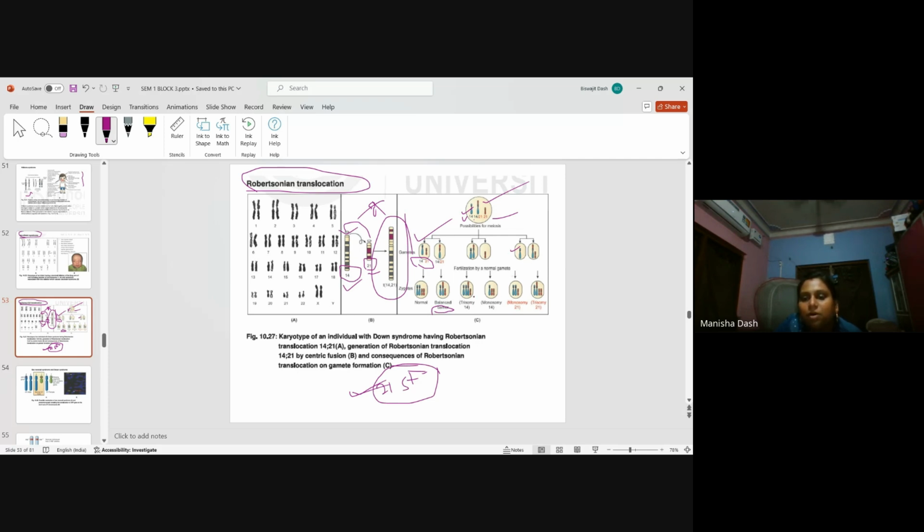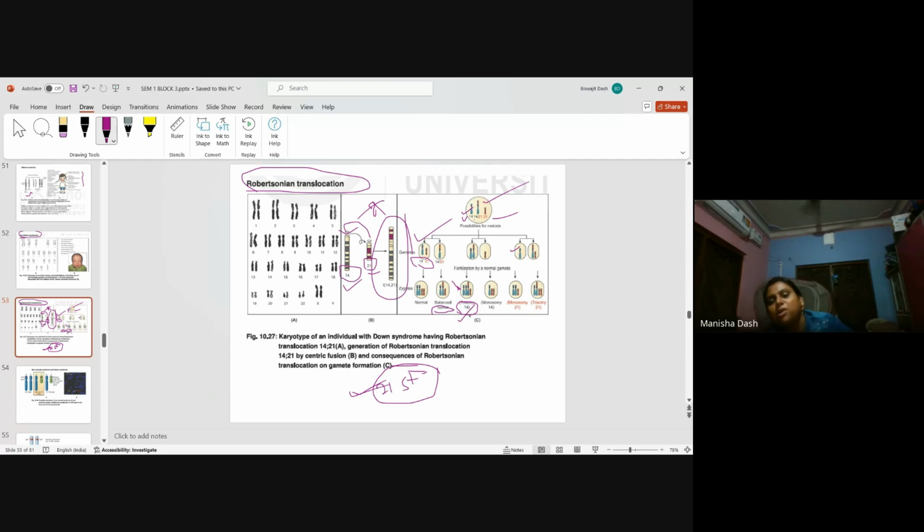Now here, if you observe, there will be a problem, or there will be trisomy 14, because one copy of the 14 chromosome is given by the normal gamete, and this gamete already has 2 copies of the 14 chromosome. So this will lead to trisomy 14.